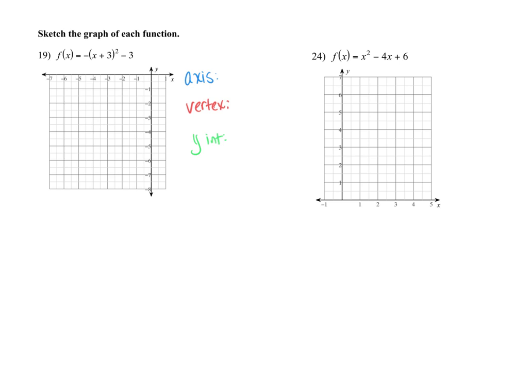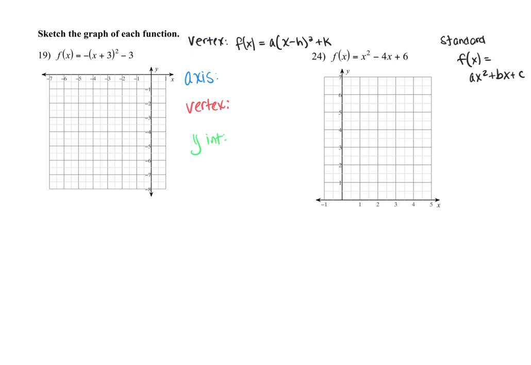Remember, there's 2 different forms. So the first one that I have here is vertex form. For vertex form, it's going to be listed f of x equals a times the quantity x minus h squared plus k. That's my vertex form. For standard form, remember standard is just ax squared plus bx plus c.